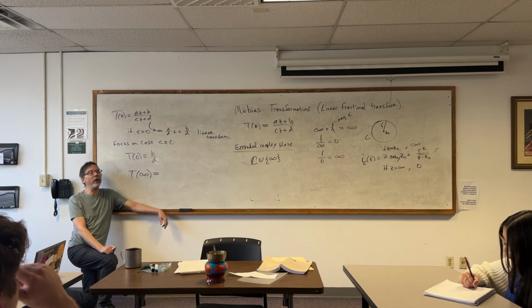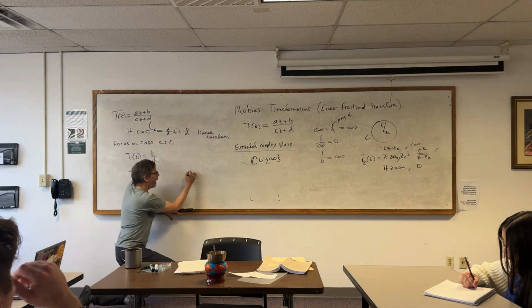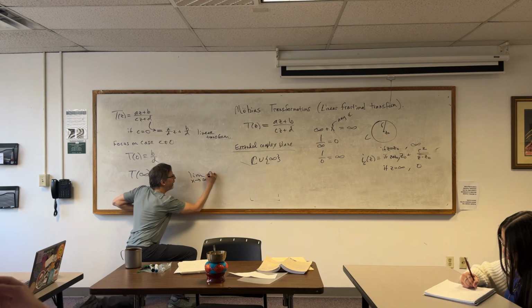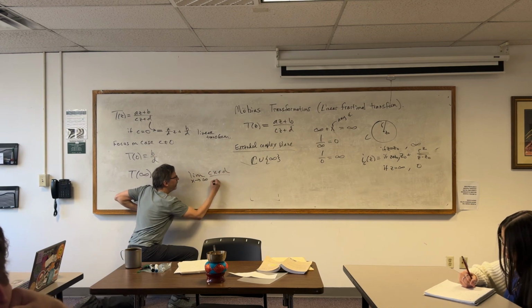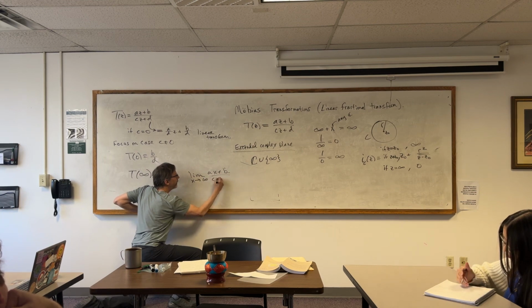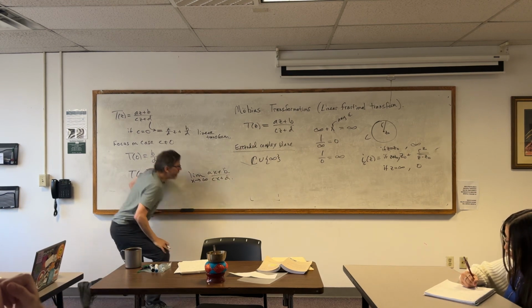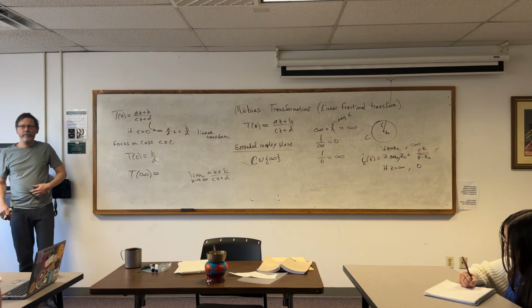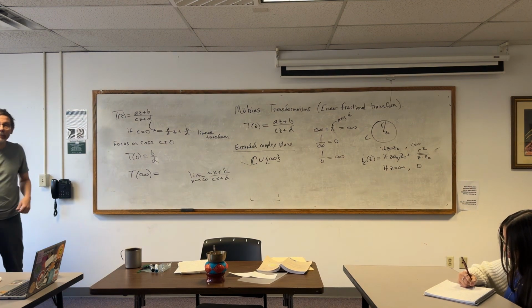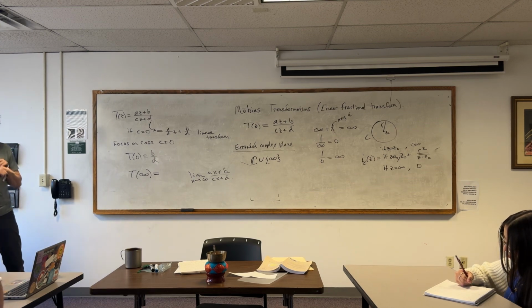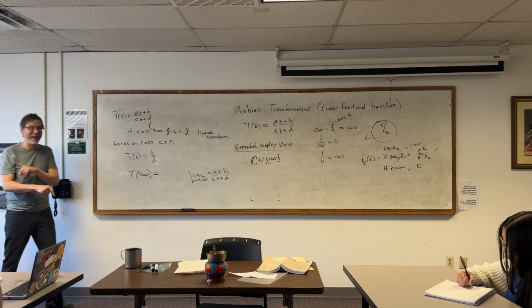Think calculus. Go back to your calc class and you would get something like this. How do you do that limit in calculus? It would not be 1. It would be A over C. It would be 1 if A and C were the same.